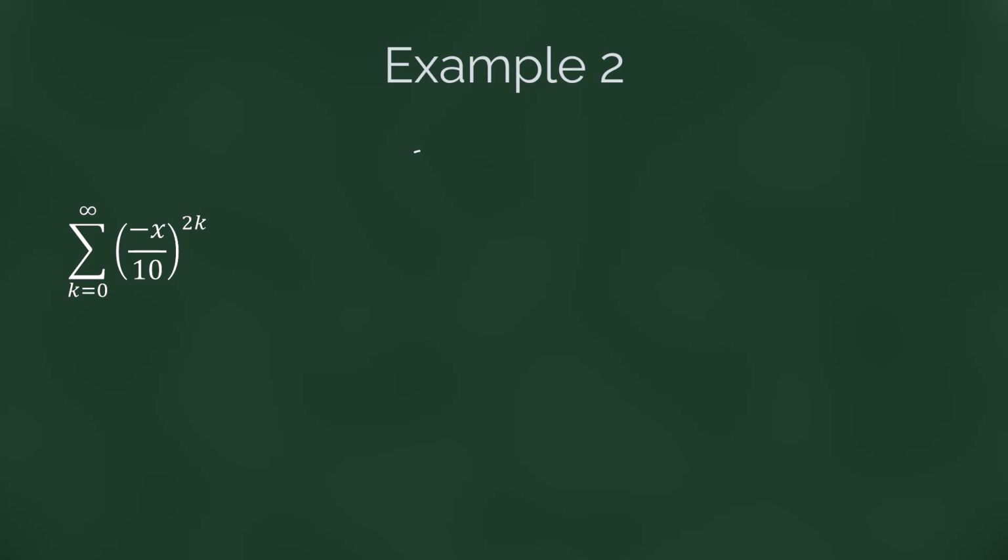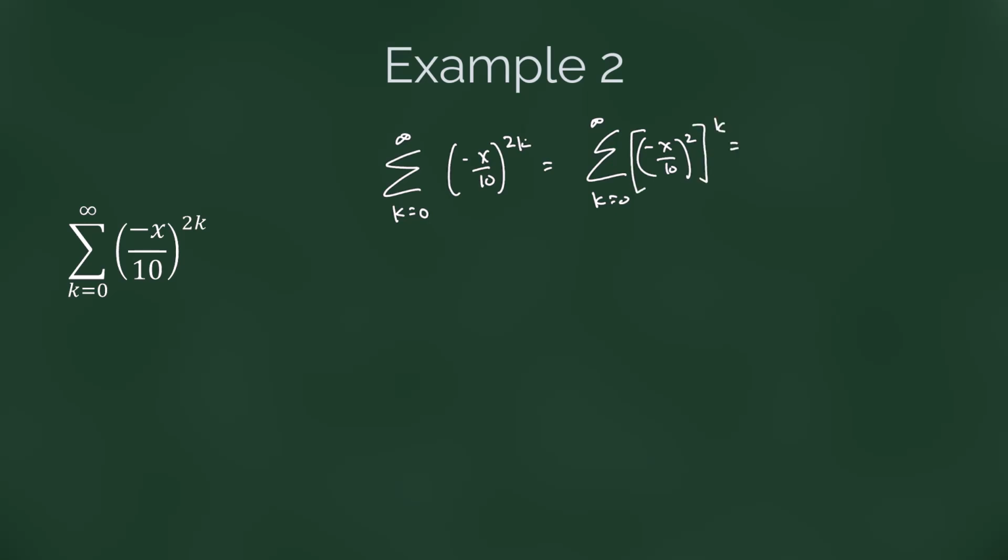Let's start, however, by rewriting this series. So we can write the sum from k equals 0 to infinity of negative x over 10 to the 2k as the sum from k equals 0 to infinity of negative x over 10 squared to the k, which then becomes the sum from k equals 0 to infinity of x squared over 100 all to the k.